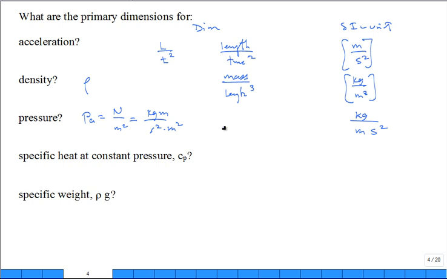And then over here, I like to work, as you can tell, in SI units. When it gets complicated, you just start breaking it down to kilograms, meters. Otherwise, you got to spell it out. It'll be mass divided by time squared, and then length squared. Specific heat, constant pressure.